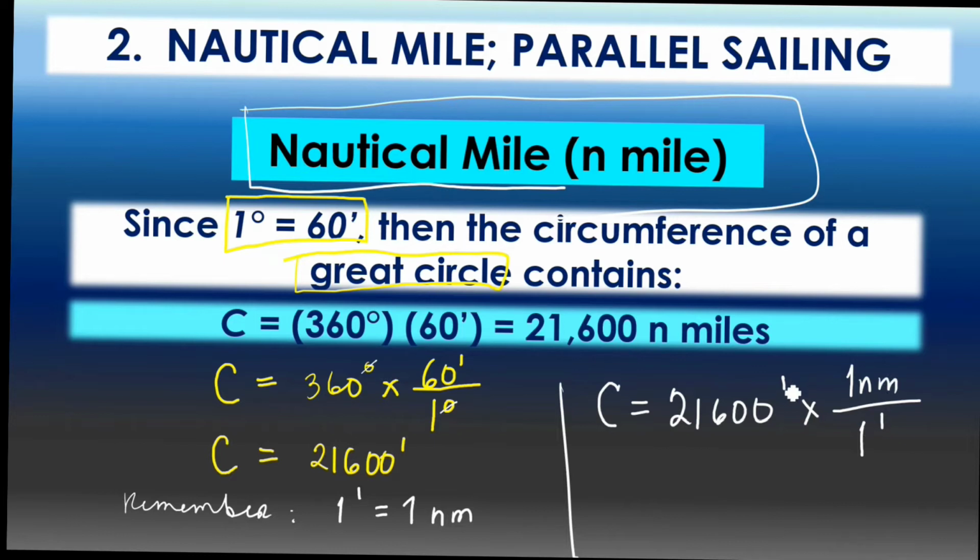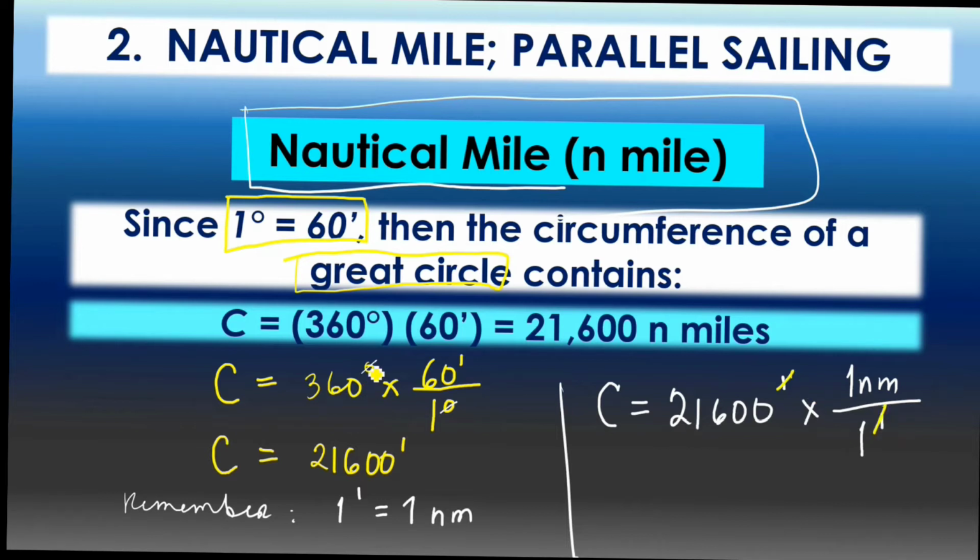Remember, if you are going to cancel the unit, be sure that when you convert, the unit that will be canceled should be on the denominator. So let us cancel the unit. We have minute and minute. It is like this one.